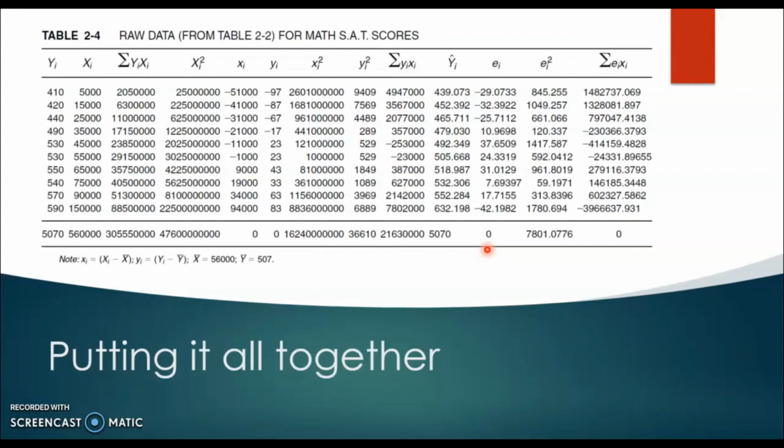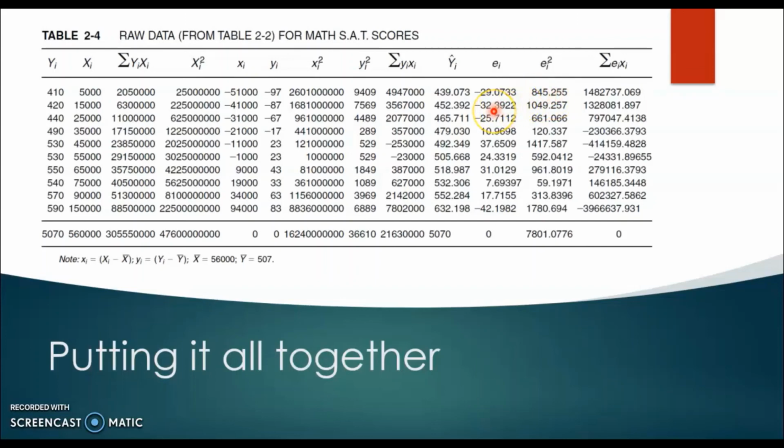Okay, we can proceed with our estimation by identifying the squared residual. The squared residual is simply the residual for every observation multiplied by itself. For example, negative 29.0733 squared is equal to 845.255.